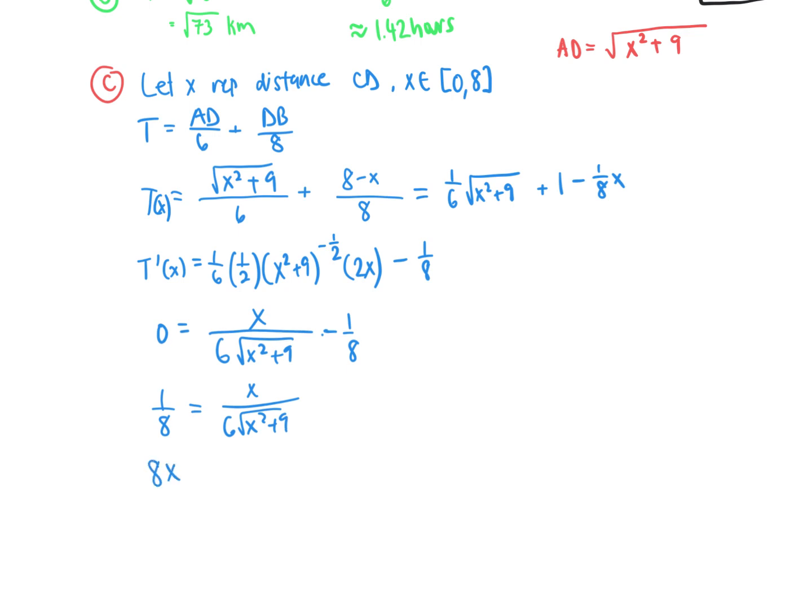So I have 8x equals 6 times the square root of x squared plus 9. I really want to get rid of that square root, so I'm going to raise both sides to the power of 2, which means 8x all squared will be 64x squared. And then 6 to the power of 2 is 36, and then the square root to the power of 2 is just the part inside.